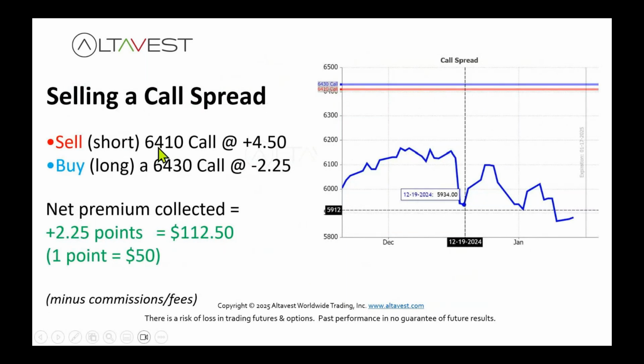So the 64.10 strike price call, you collect 4.5 points, put that in your pocket, but then you also buy, that's the blue line, the 64.30 call, you pay 2.25 in this example. And the net result is you collect 2.25 points, $112.50 minus your commissions. And that's kind of what that looks like. Just a simple call spread.